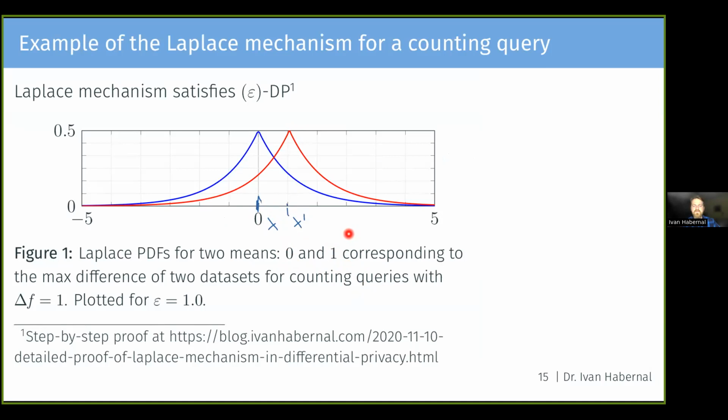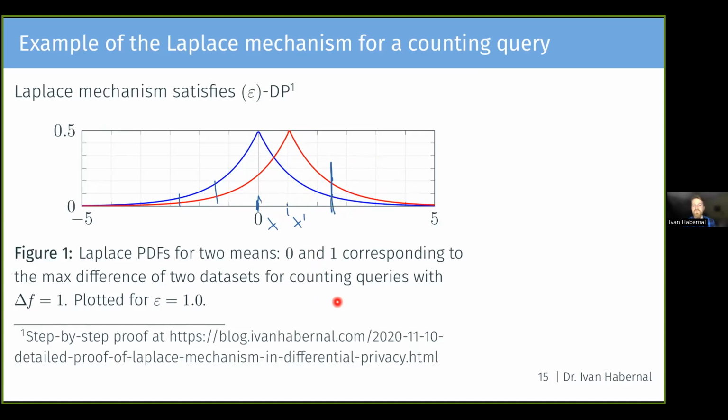Now the definition of pure differential privacy tells us that for anything which will be outputted, for example this number when it comes here, the ratio of these two will be bounded by e to the epsilon. So no matter which output comes, I can only tell whether it comes from the second or the first one. The probability I can tell this is from x or x prime is bounded. So this is the formal guarantee, no matter what comes out.